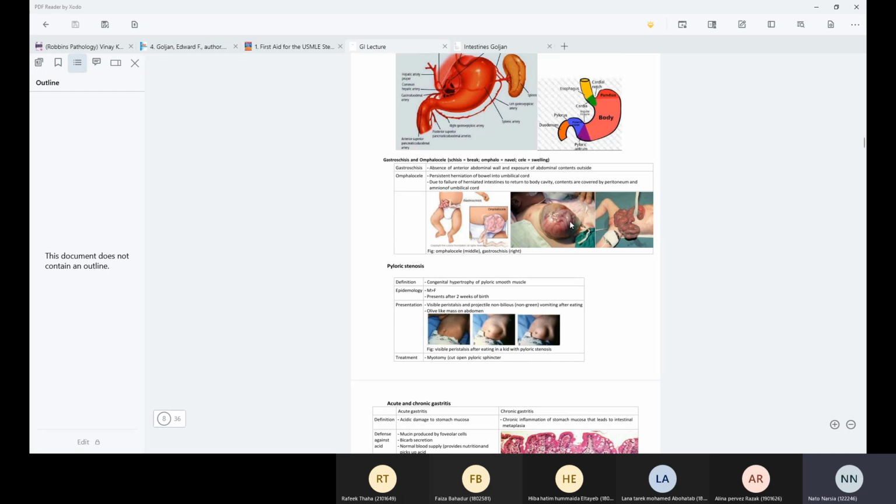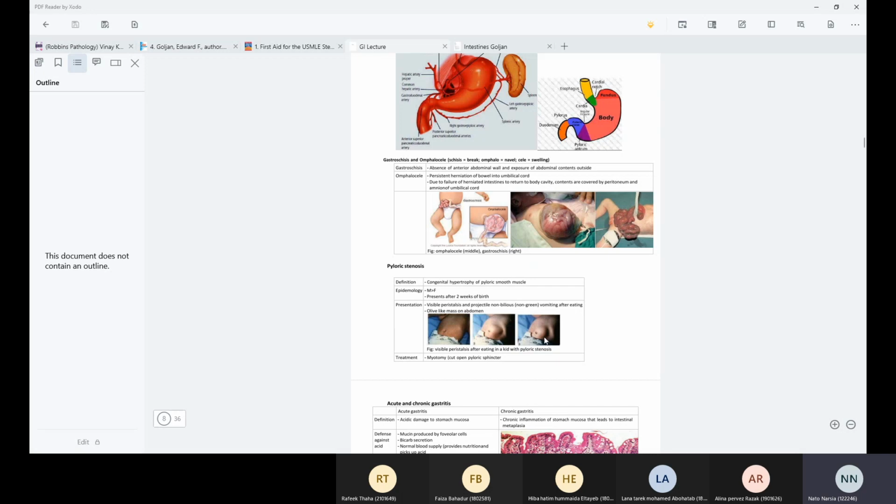Do you remember in the gastroesophageal fistula there was vomiting immediately after eating? Here you have projectile vomiting presenting after 2 weeks of birth. Clinically, peristalsis is there, and you can literally feel a hypertrophic, olive-like mass on the abdomen.